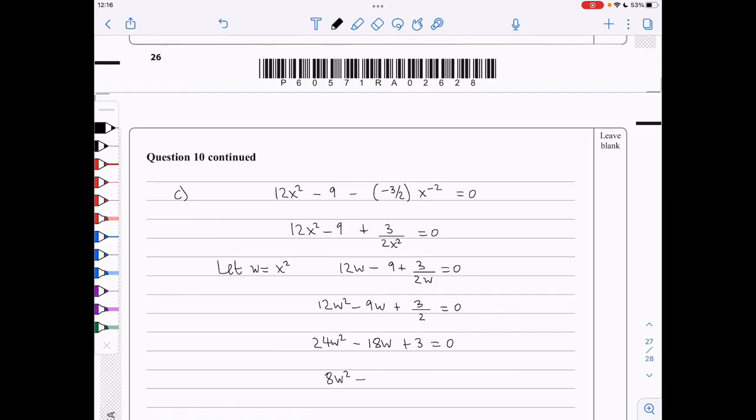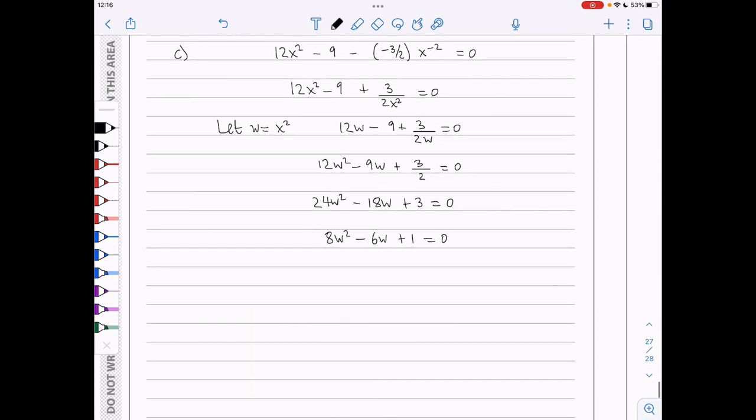8w squared minus 6w plus 1 is 0, which factorizes into 4w minus 1, 2w minus 1, which means that either 4w minus 1 is 0 or 2w minus 1 is 0, and therefore w is a quarter or w is a half.